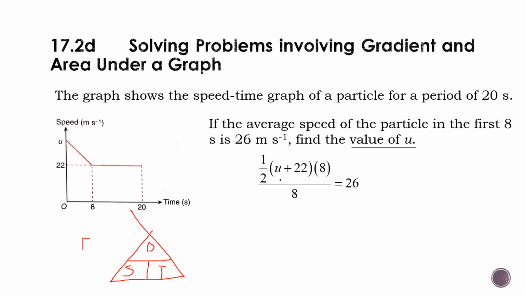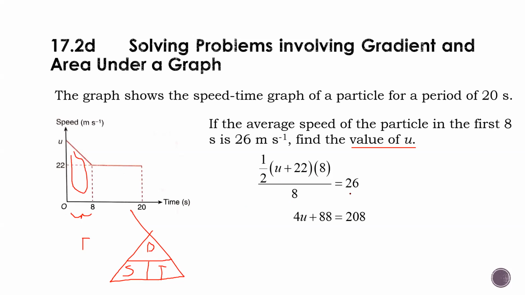So our distance is 1 over 2, u plus 22 times 8, over our total time, which is 8. So this whole part is my distance, and then my time is 8 seconds, equals 26.